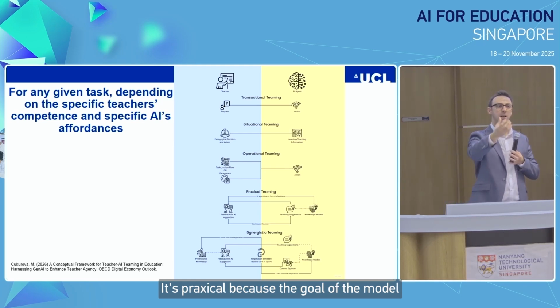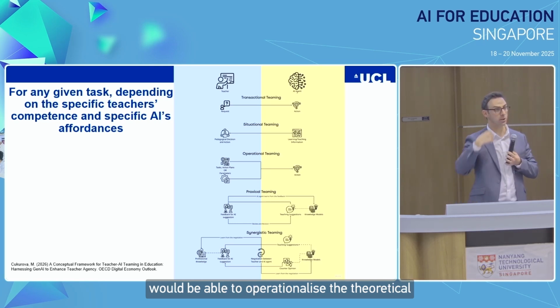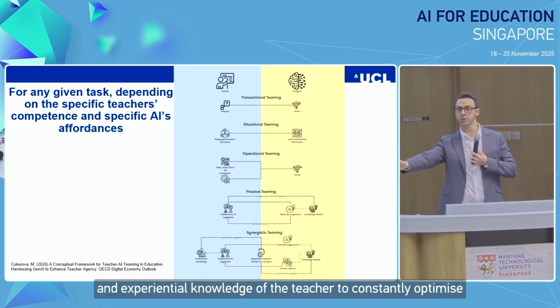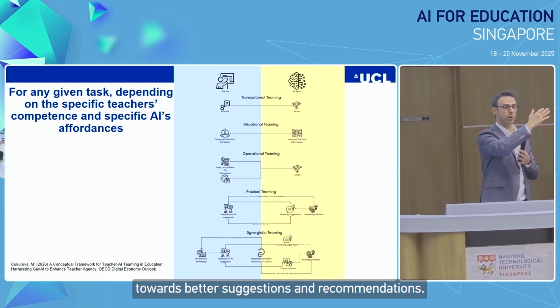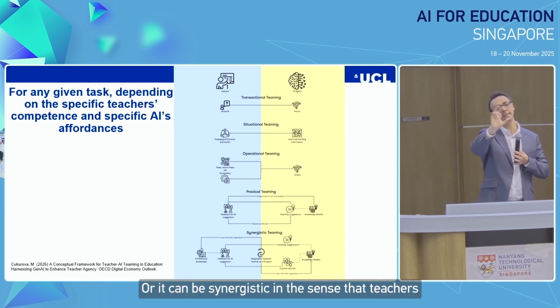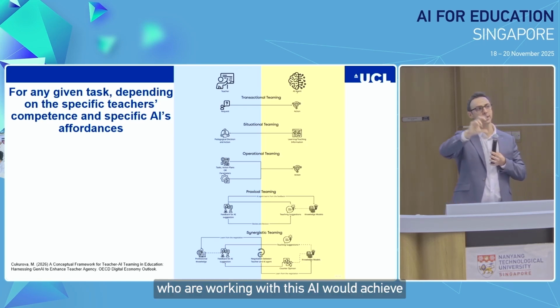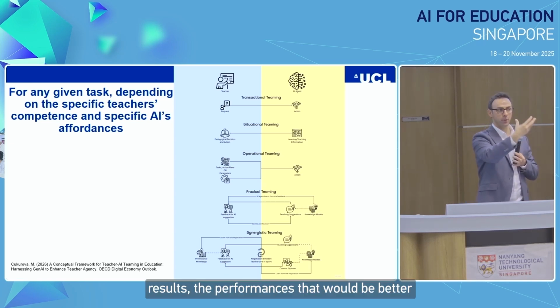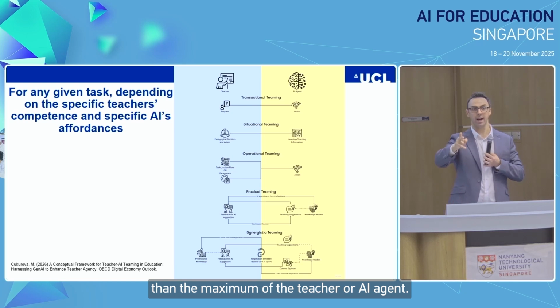It's praxical because the goal of the model would be to operationalize the theoretical and experiential knowledge of the teacher to constantly optimize towards better suggestions and recommendations. Or it can be synergistic in the sense that teachers who are working with this AI would achieve results, performances that would be better than the maximum of the teacher or AI agent.